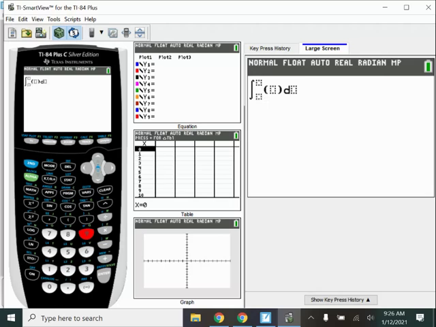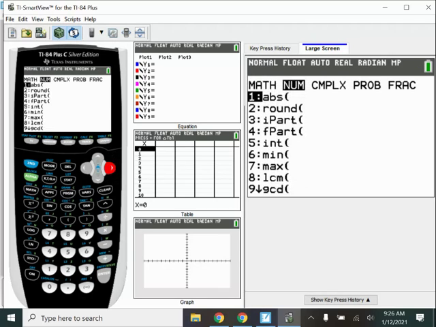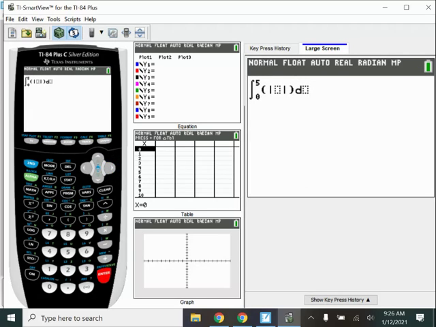So I'm going to put the 0 in the bottom, the 5 in the top, and then just like I wrote out my integral, this is where I would put in my function, but I need to go math over to NUM and select number 1 with absolute value, because I have to take the absolute value of, and the t's are actually going to change to x's here.